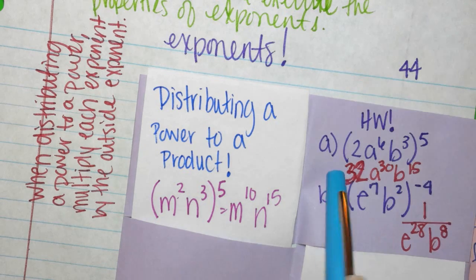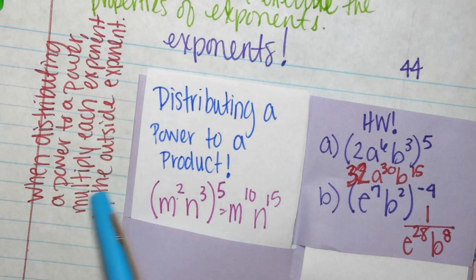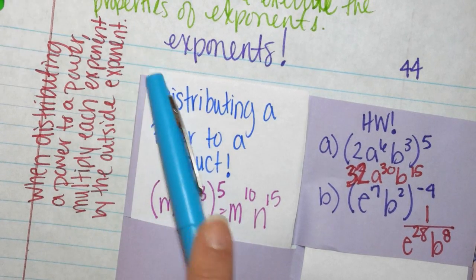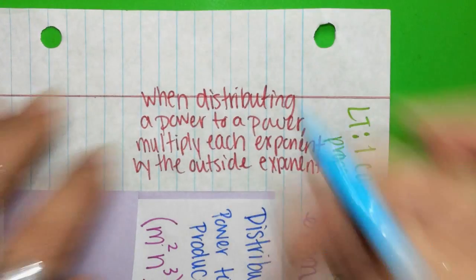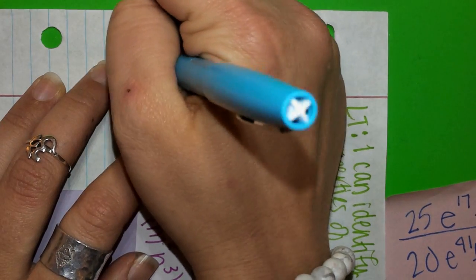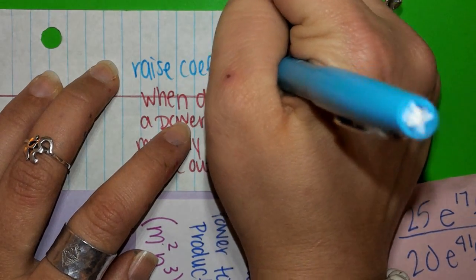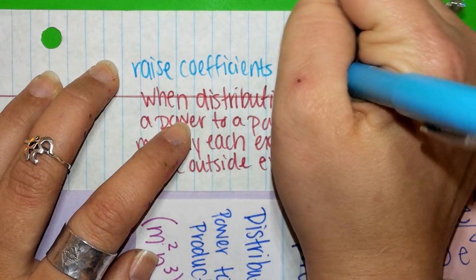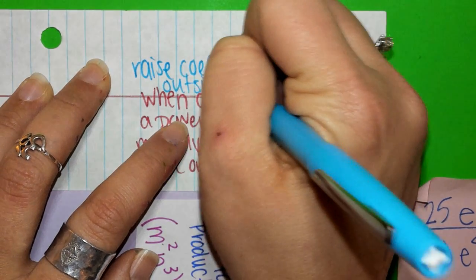So what do we do with the coefficient? It says when distributing a power to a power, multiply each exponent by the outside exponent. So let's write that: raise coefficients to the outside power.